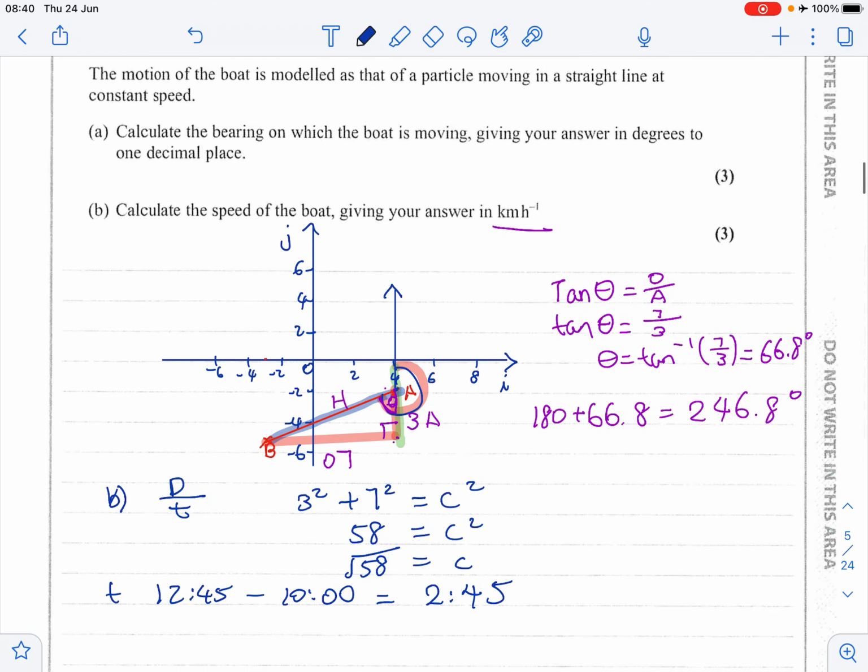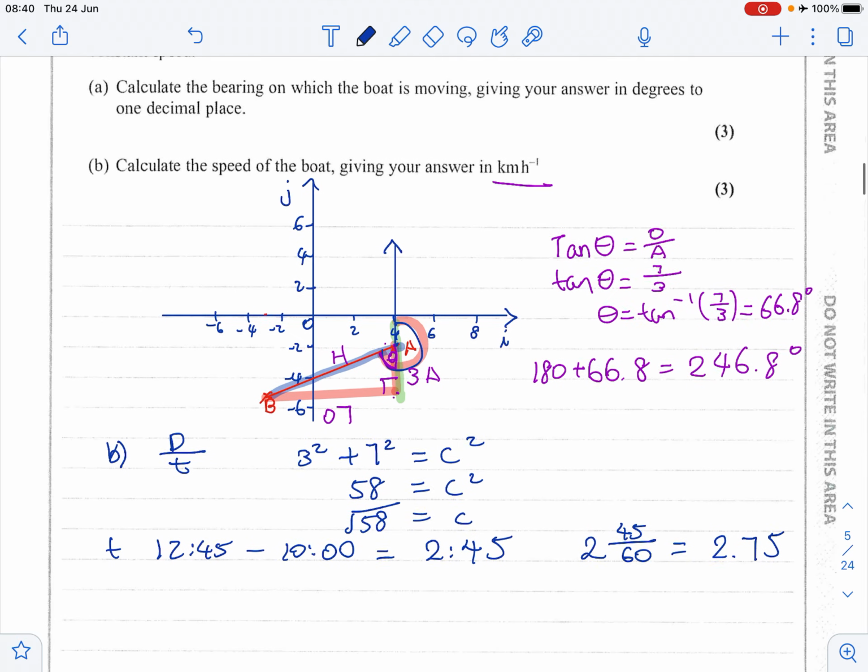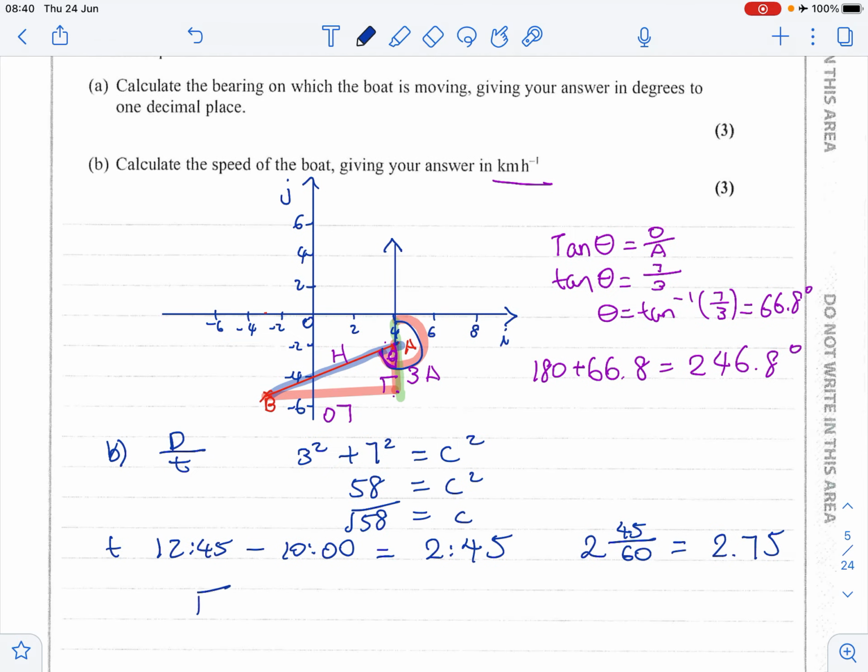Remember that if we want to divide the distance by time, the time must be in hours, so this is 2 hours and 45 minutes over 60. So our time is equivalent to 2.75. To find the speed, it's distance divided by time. Just 2.77.